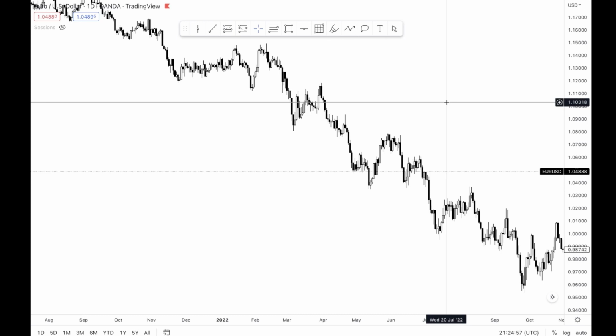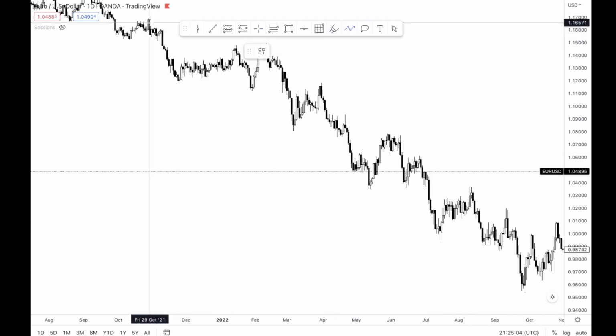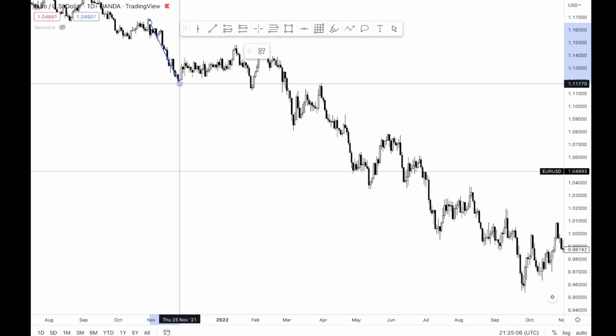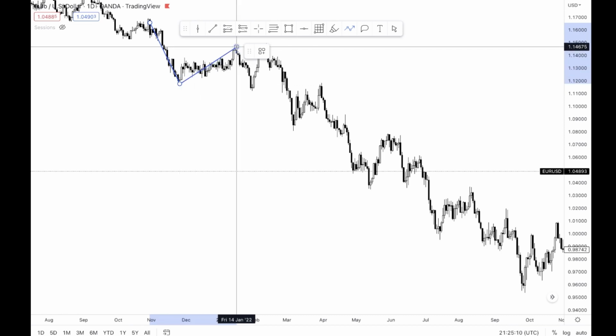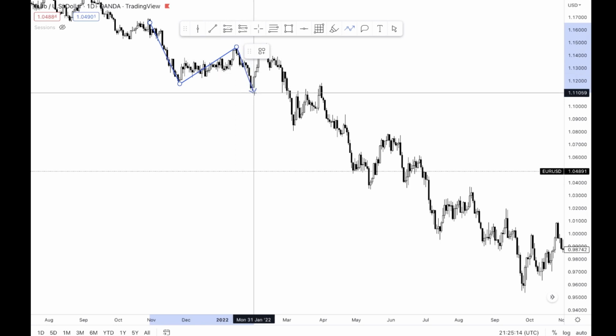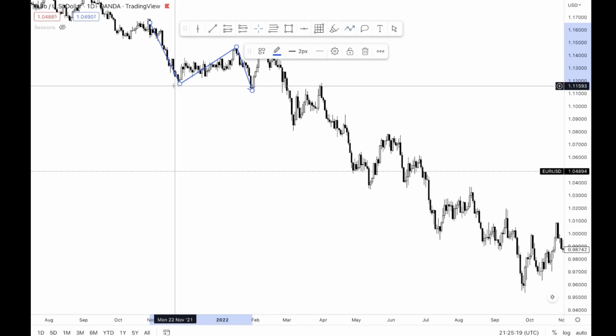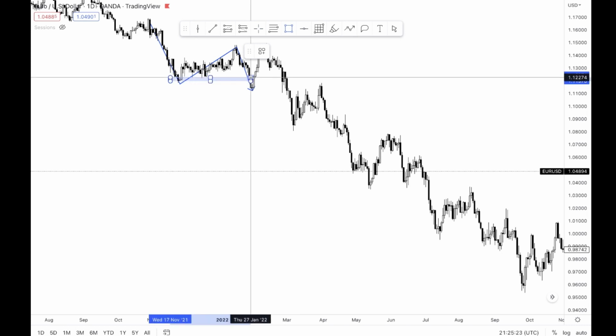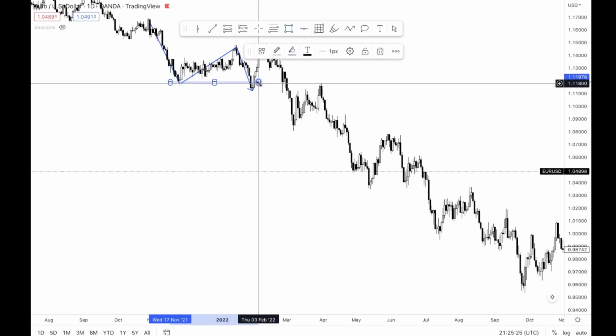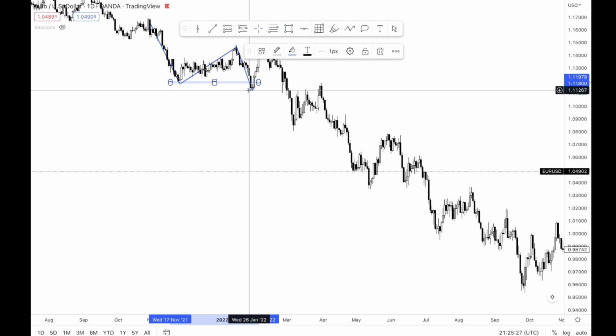If you look at this chart, for instance, you can clearly see the market is making a series of lows. It makes a low, then goes slightly upward, makes a high, then comes back down to make a new low. This new low is obviously lower than the previous low we had printed.